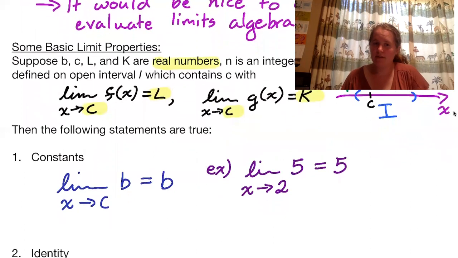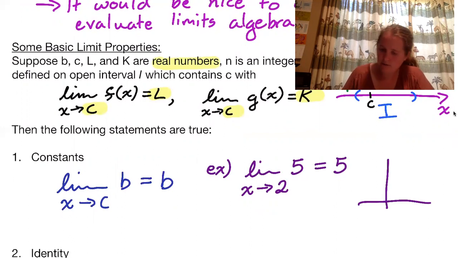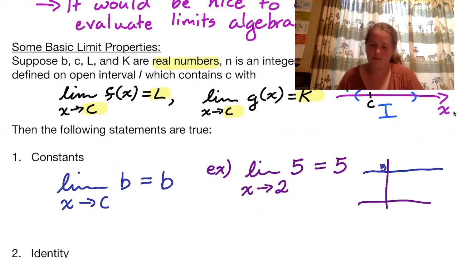So if we graphed that, the constant function f of x equals 5 would be graphed as a horizontal line at y equals 5. So as we go in from the left and the right, as x goes to 2, y is going to be 5.